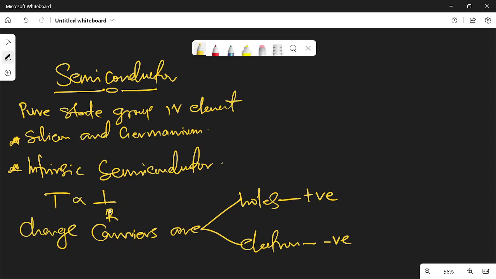Remember, when I say intrinsic semiconductor, I mean semiconductors in their pure state. The question states that intrinsic semiconductors: A, do not conduct electricity at all. B, are used as conductors in electronics. C, conduct better at higher temperature. D, have no resistivity at lower temperatures. E, have high resistivity at higher temperature.